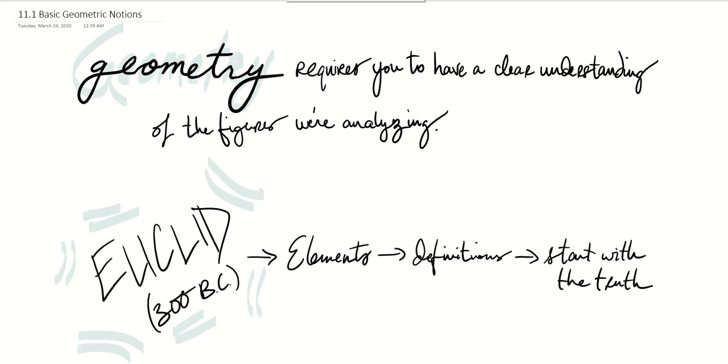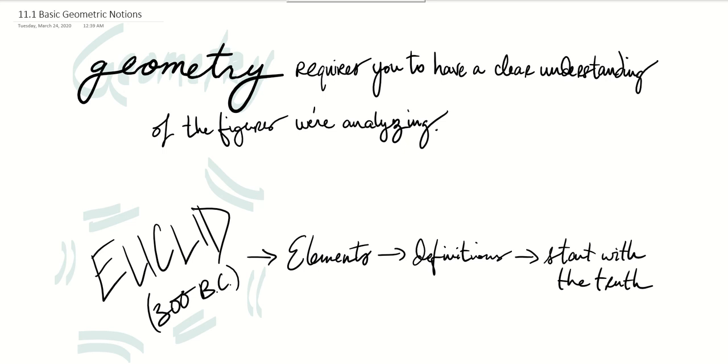So he wrote a book called Elements, or at least he and his school of students wrote a book called Elements that first of all defined the figures and then started with the most basic truths they knew about the figures, and then used those truths and a set of rules, which we're not really going to get into too much, to progress to new things that they found were true.